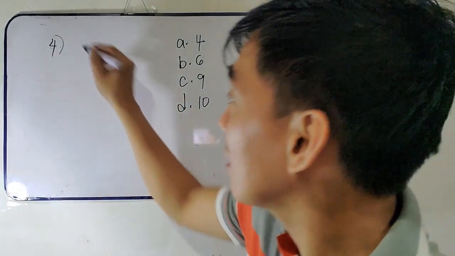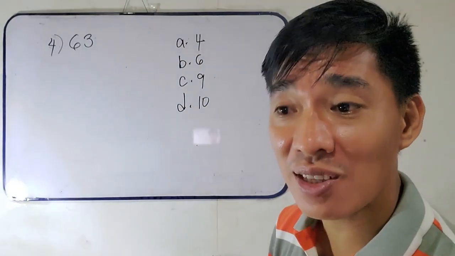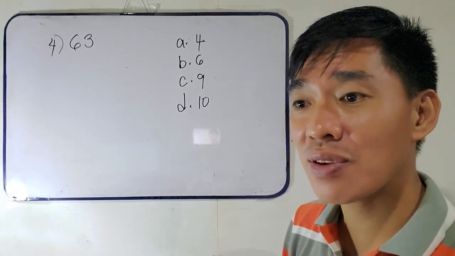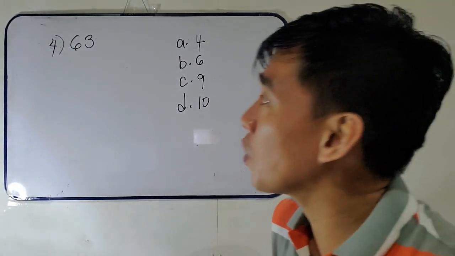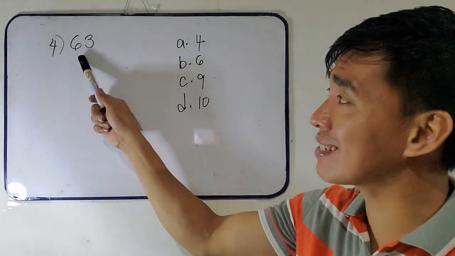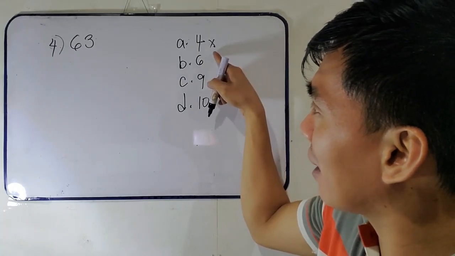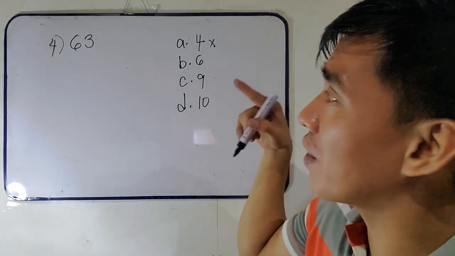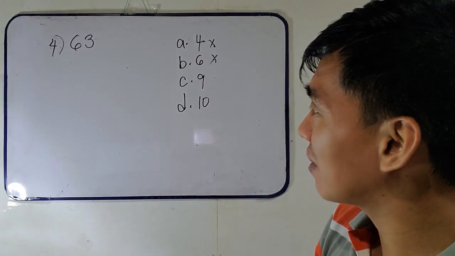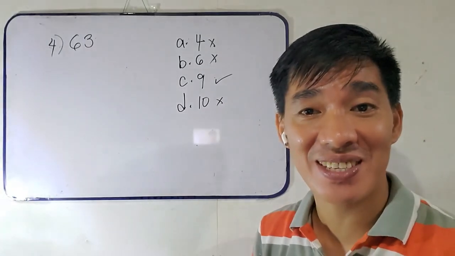Remember that David's little sister has 63 blocks. So all we have to do is to determine which number 63 is divisible by. For sure that's not divisible by 4. It's also not divisible by 6 because that's not even. It's also not divisible by 10, so the correct answer is letter C.